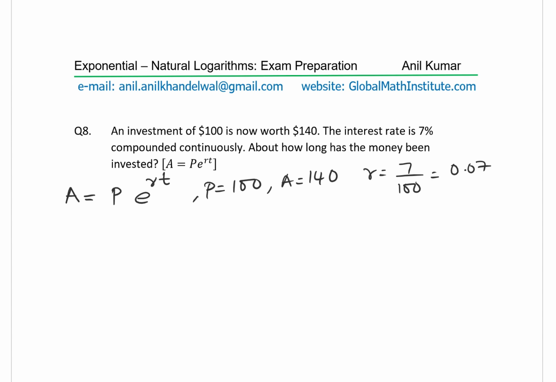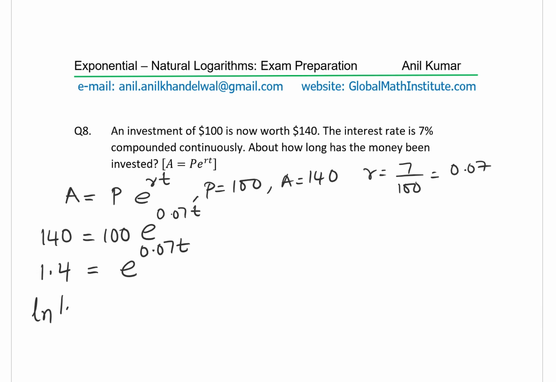So let's substitute. So we get 140 equals 100 e to the power of 0.07 t. So you can divide by 100. So you get 1.4 equals e to the power of 0.07 t. Take natural log: ln 1.4 equals 0.07 t.